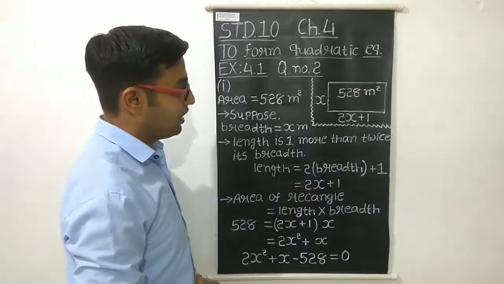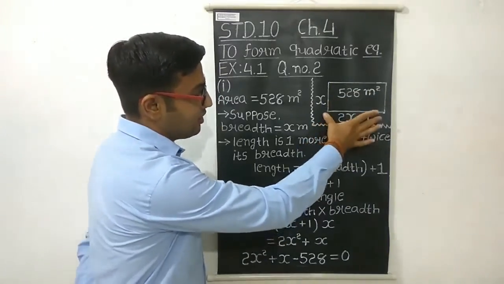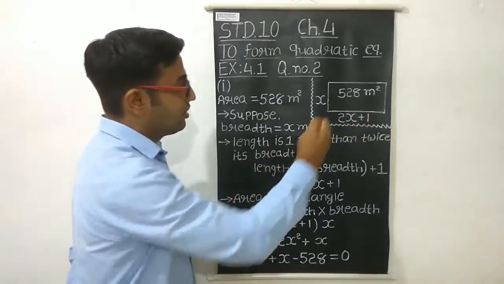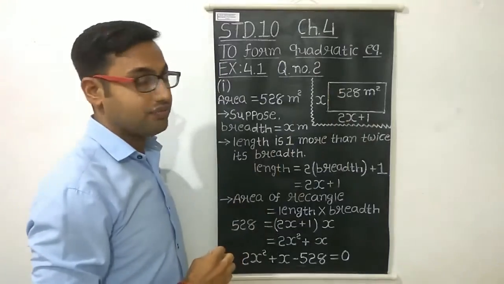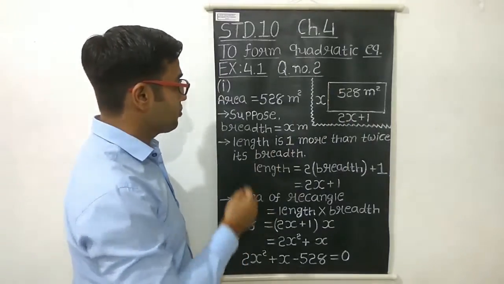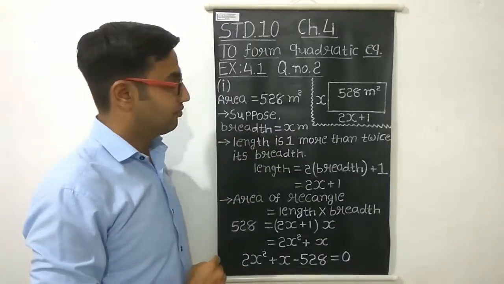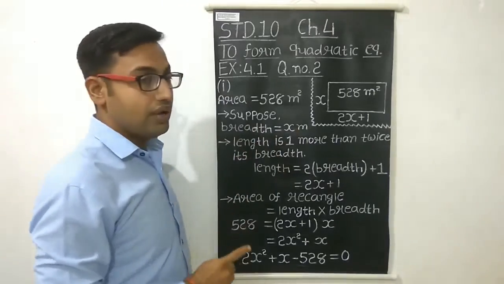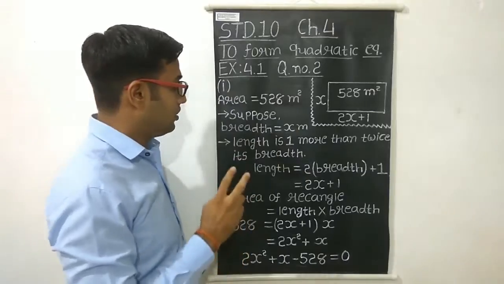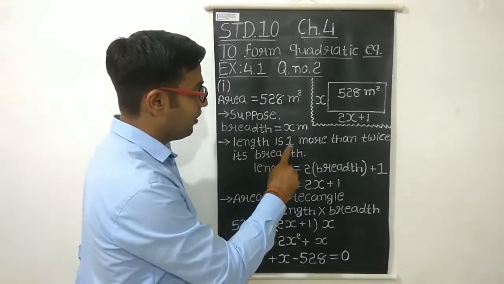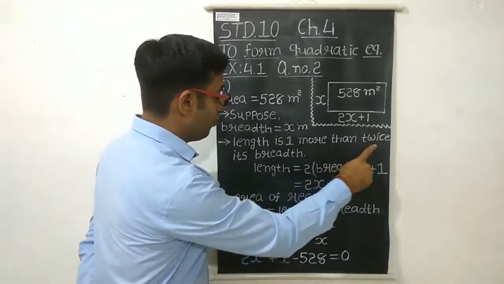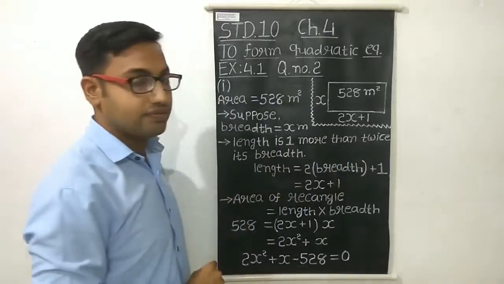Now we know that the length is greater than the breadth, right? So let's suppose that the breadth is equal to x meters. Now according to the question, the length is one more than twice its breadth.